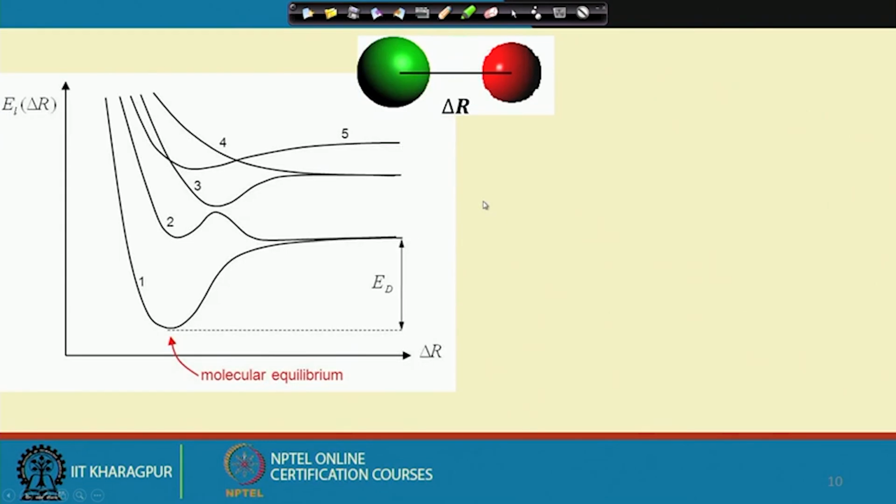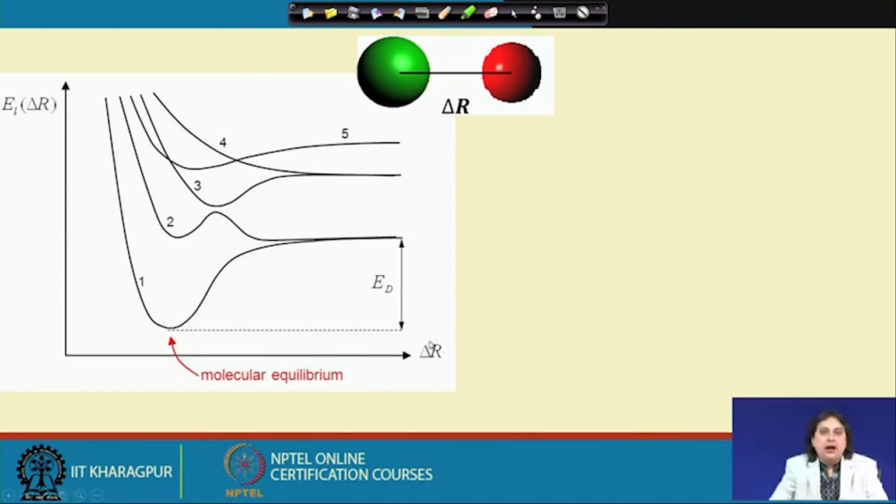So, different molecular geometries in this simple case can be generated for different values of this delta R. For different values of delta R, we can fix the nuclei of the two atoms at these different distances and solve the Schrodinger equation, and that will give me, at this particular value of delta R, this is the value of the electronic energy eigenstate corresponding to the ground electronic energy state.